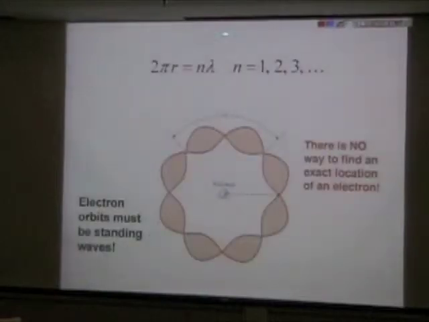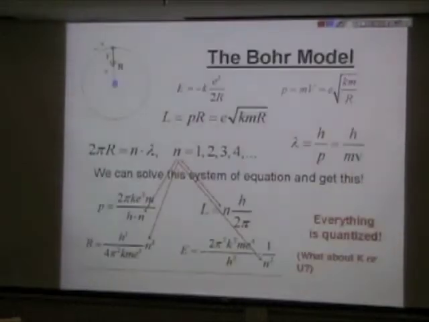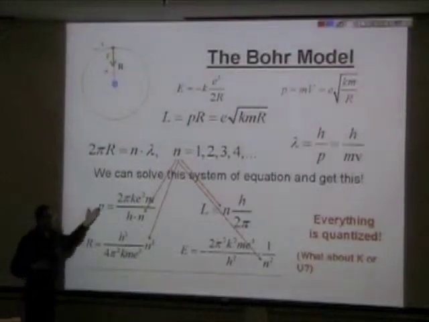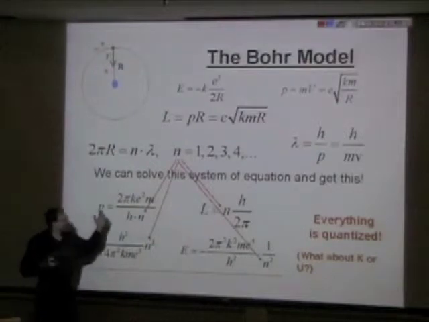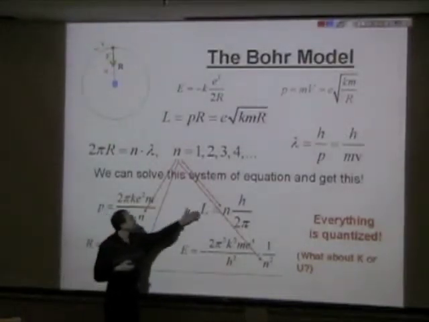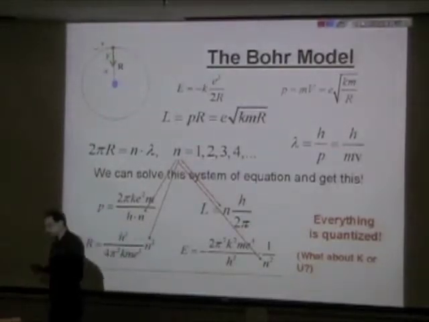Turns out, if we combine this expression with all expressions from simple mechanics, we can calculate those specific radii. Not every radius is possible. Only a specific set of radii is possible. Plus, we can calculate all specific values for momentum, or energy, or angular momentum, or kinetic energy, or potential energy.